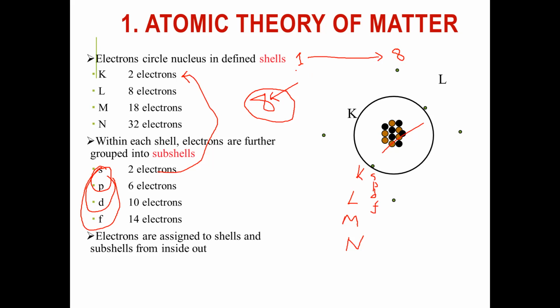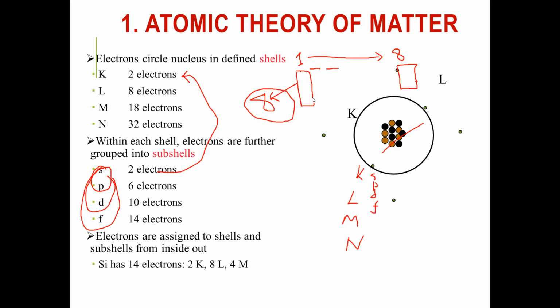Group 1 having 1 electron in the outer shell, group 2 having 2 electrons, up to 8. And the group 8 atoms are the stable ones. If you don't know much about this, go and check your periodic table of elements, it will show you what we're talking about.